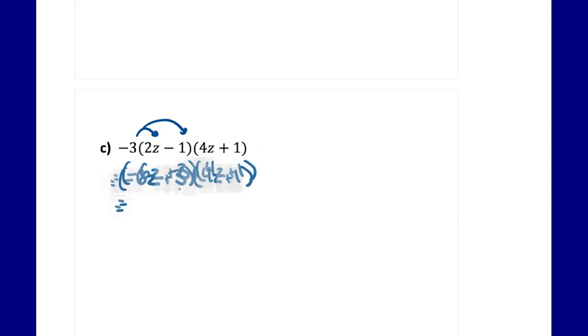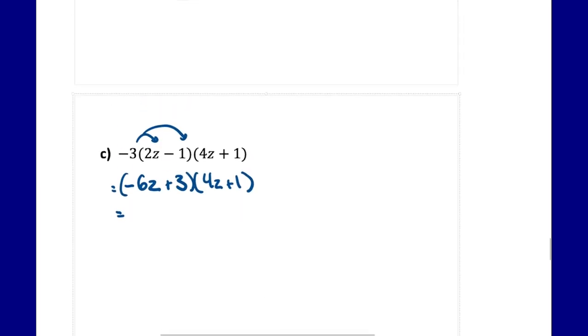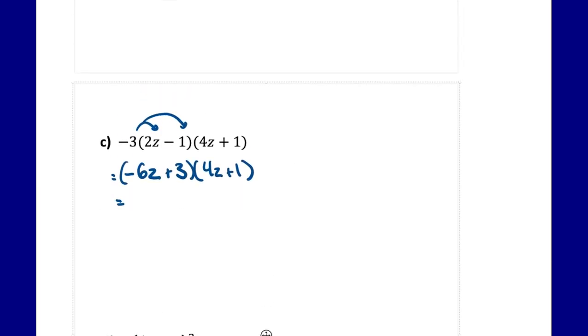Going back a bit, that negative 3 does not multiply into the 4z plus 1, right? If we think of it as a set of 3 numbers, so 3 times 2 times 4, I don't do 3 times 2 and 3 times 4, right?